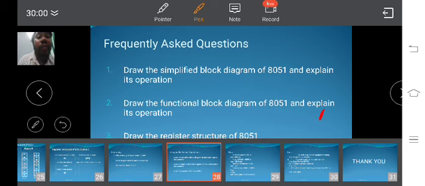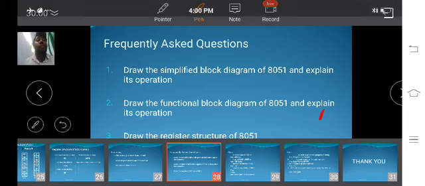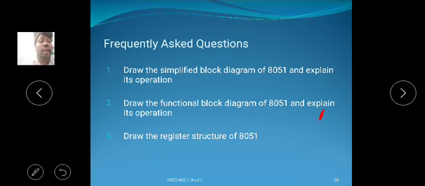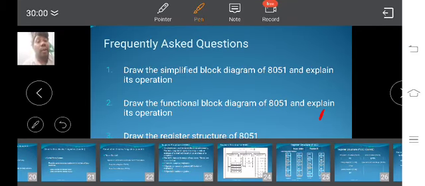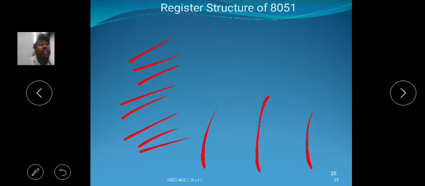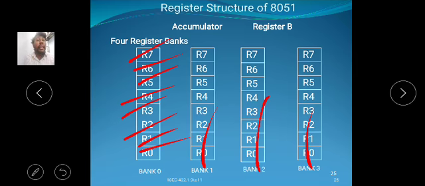After that, an important thing is to draw the register structure of the 8051 microcontroller. You have to draw this chart: the general purpose registers, the special function registers, and then discuss the accumulator.